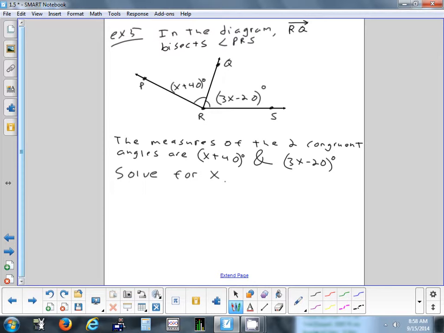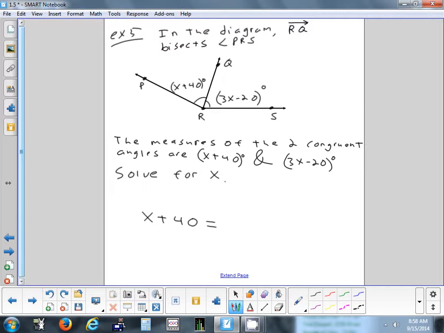Okay, Ian, what's the measure of the first angle? X plus 40 degrees. Okay, I'm not going to put the degrees in the equation because we're going to do some algebra, but when we get our final answer, we want to remember to put it back in. So x plus 40 degrees. How about Nick? What's the measure of my second angle?